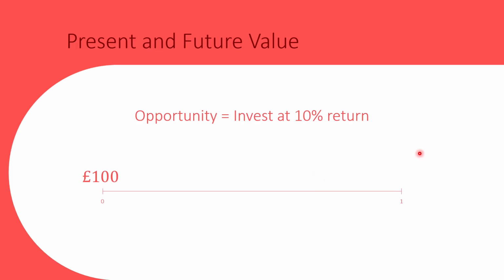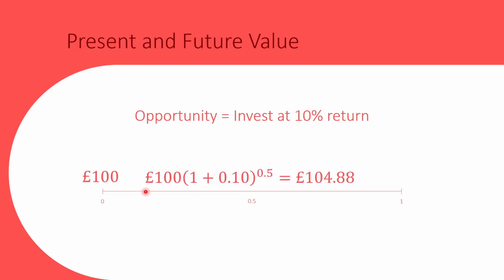So say you have £100 now and you wanted to find out, well, how much is this going to be worth in 6 months' time? Right? So 6 months is 0.5 years, it's half a year, right? And you can use the exact same formula that we used all of this time to calculate what it will be worth after 6 months as well, right?